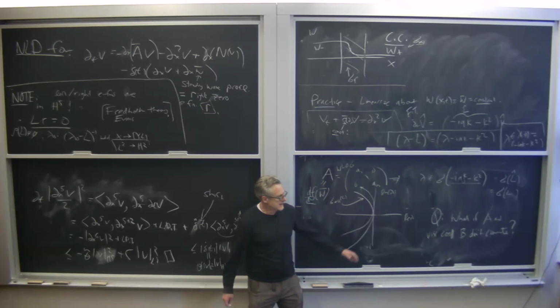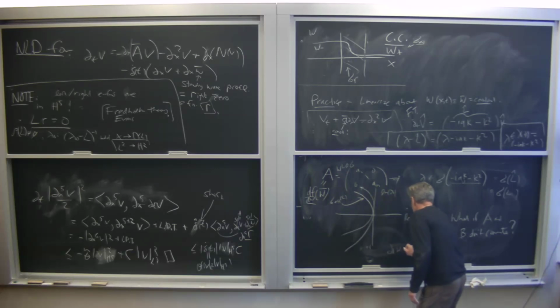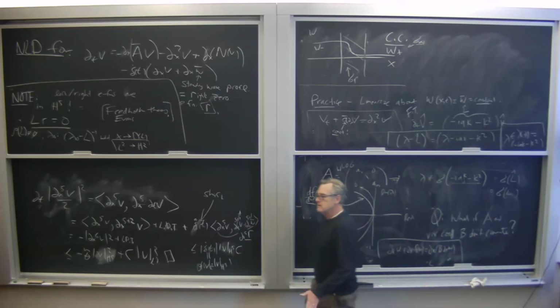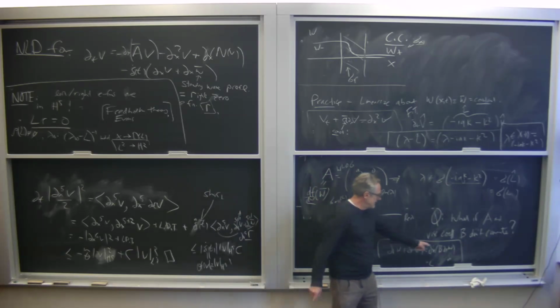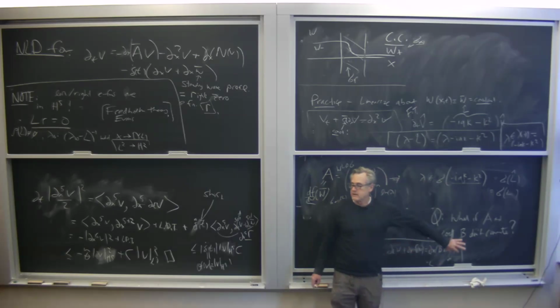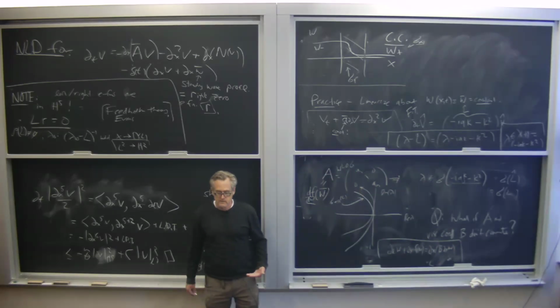Capital B. What if I looked at d_t w plus d_x f of w equals d_x B d_x w, which is what a more general viscosity would look like. This could be variable coefficient, and it could be not commuting with the Jacobian of f. That's quite possible.